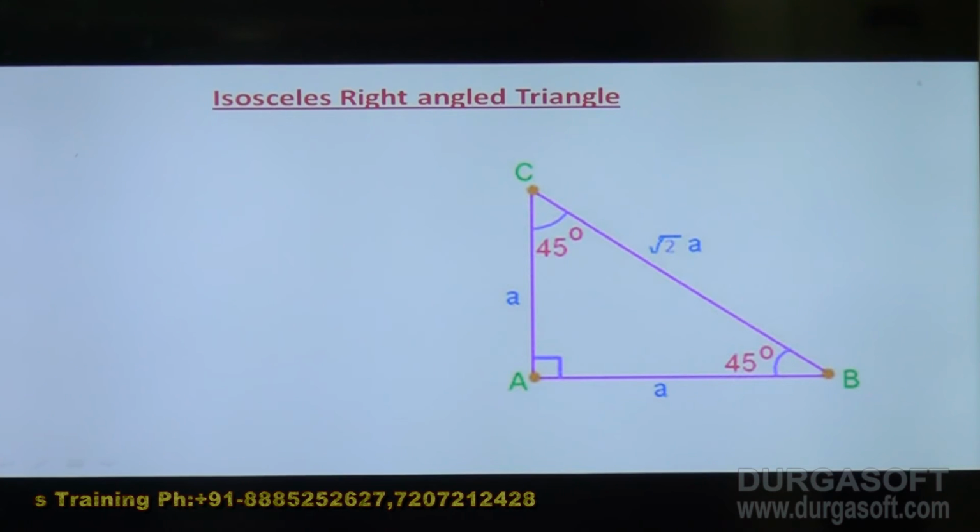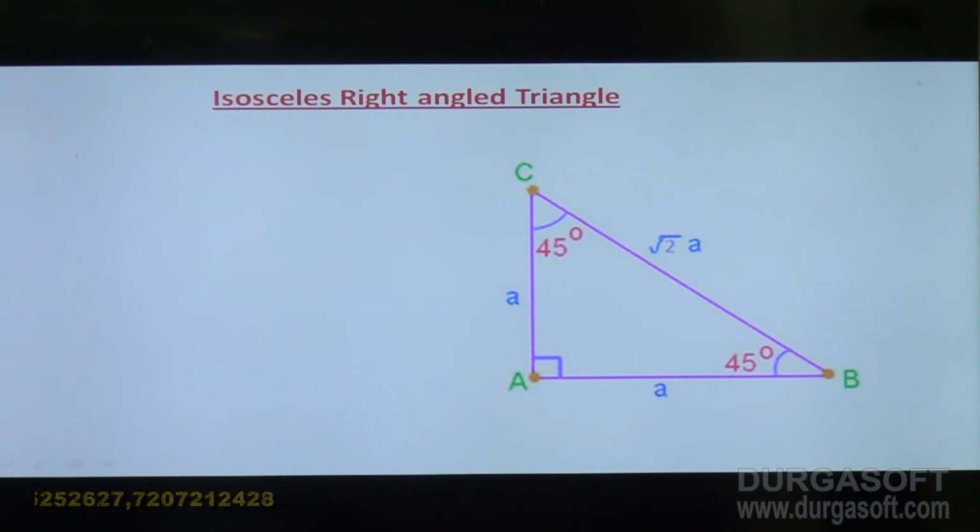Let's talk about the next one, the isosceles right angle triangle. If we see here, the isosceles right angle triangle, as it is in the name itself, is a right angle triangle.